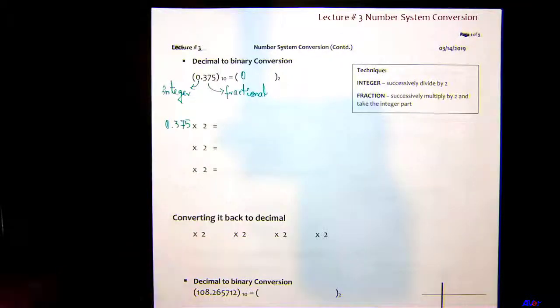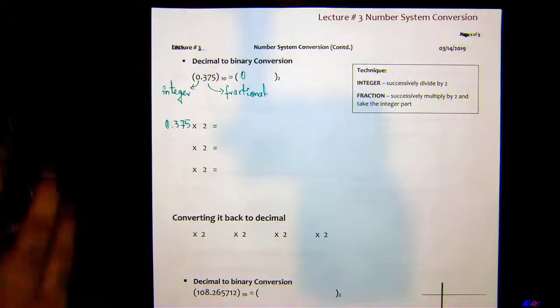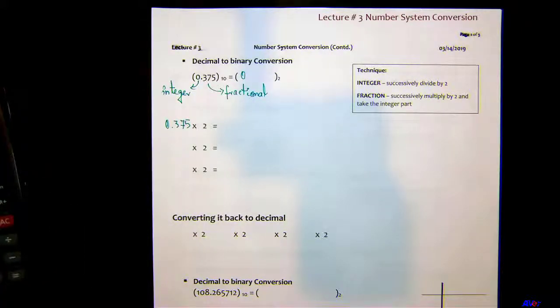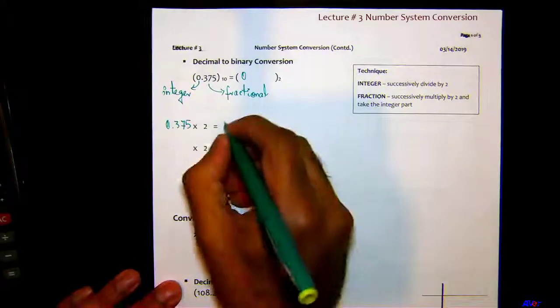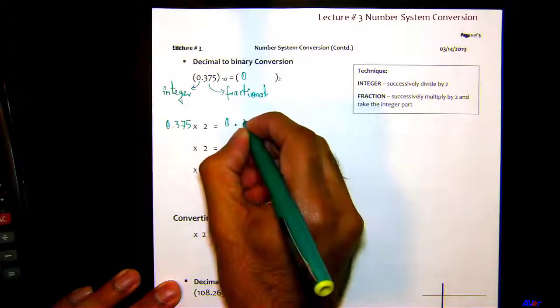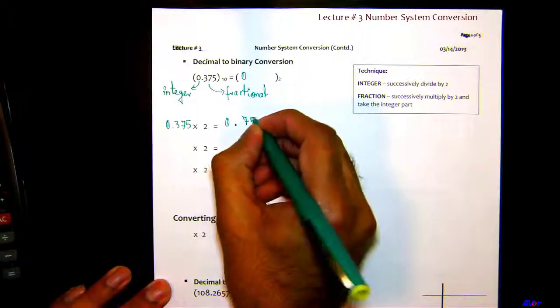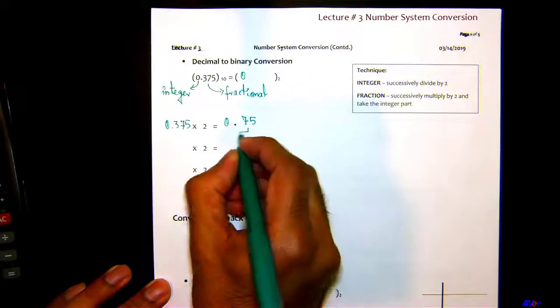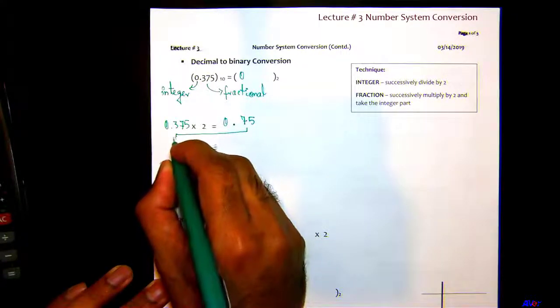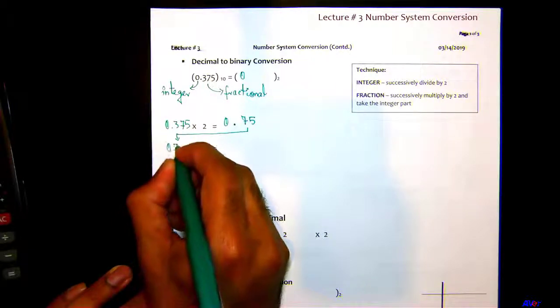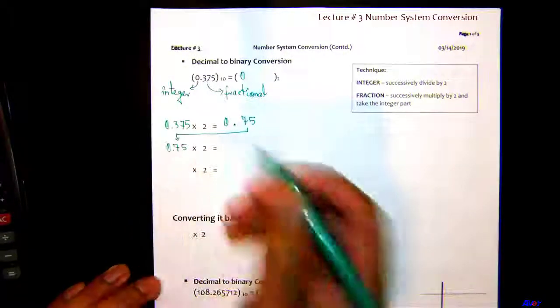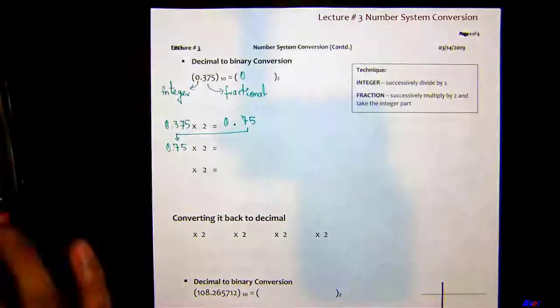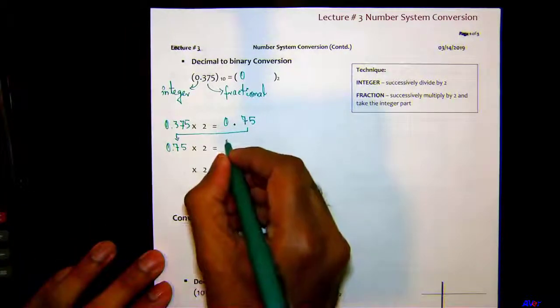This lecture will require you to use the calculators, so pull out your calculators if you have them. 0.375 multiplied by 2, so you get 0.75. Okay, you take this fractional part again, put it here, keep on multiplying by 2, so you get 1.5 here.